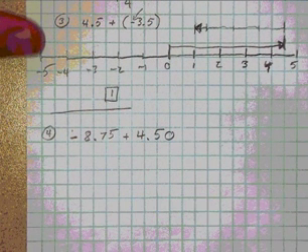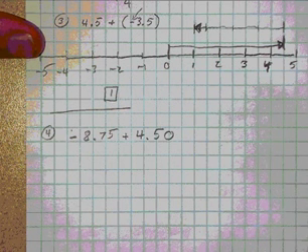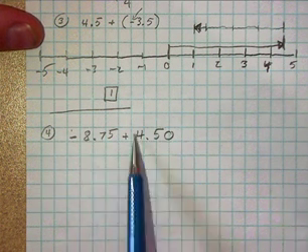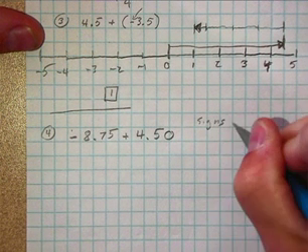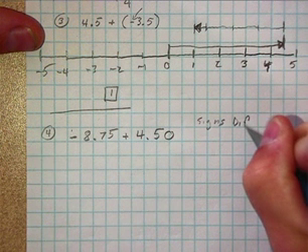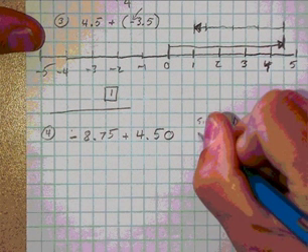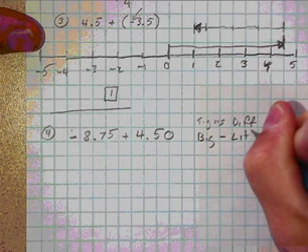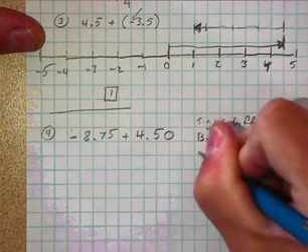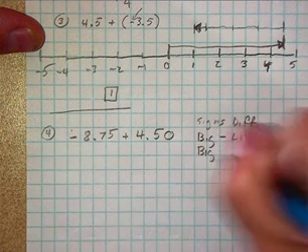Now the trick to doing problems like this, which is where we struggled before: our signs are different. If our signs are different, you do big minus little, and then you use the big number's sign.